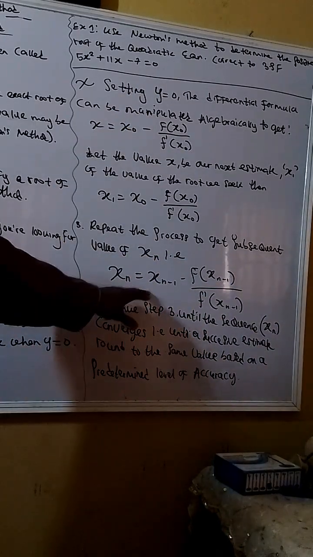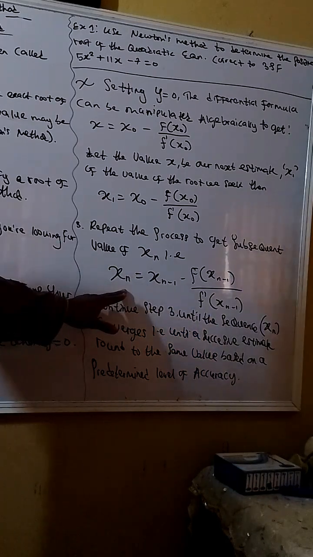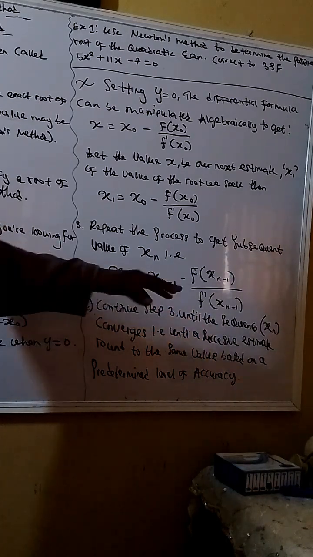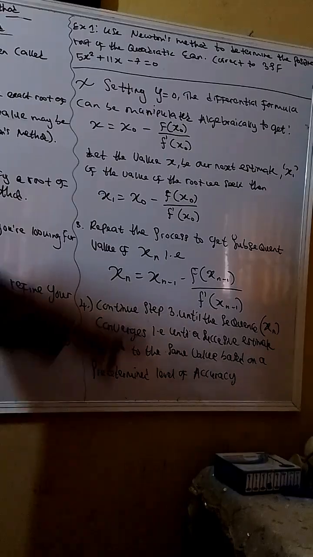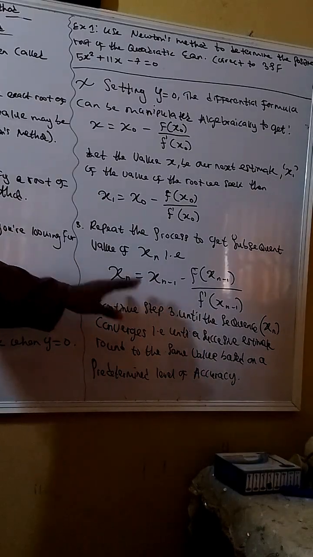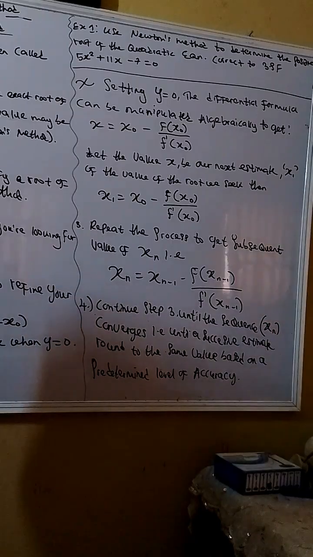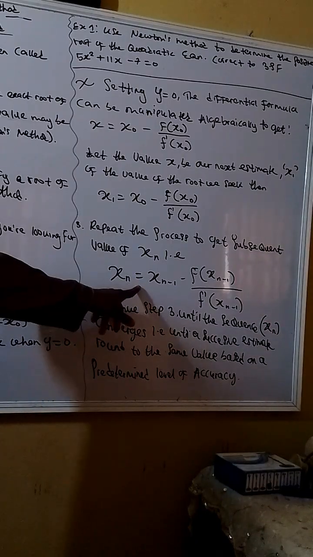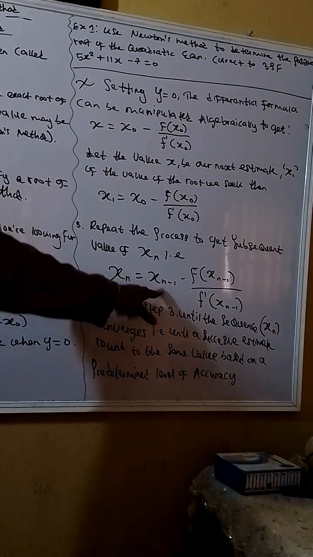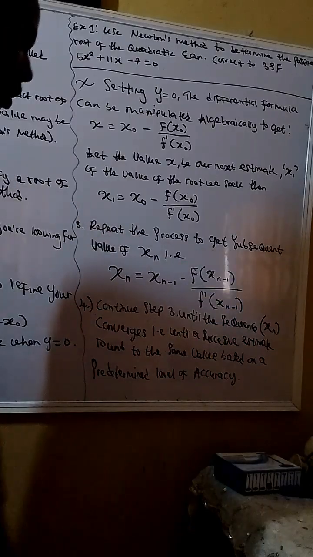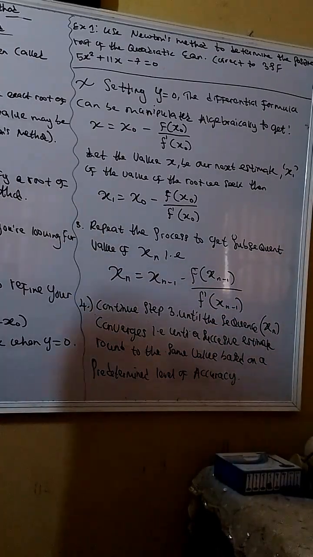The next value is the previous value minus the function over its derivative. So xn equals x(n-1) minus f of x(n-1) over f prime of x(n-1).